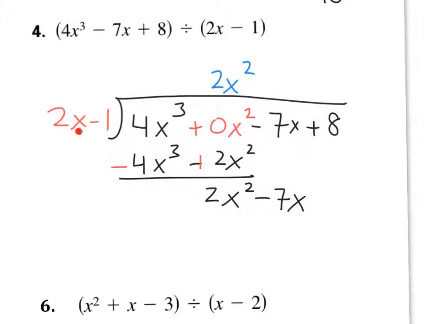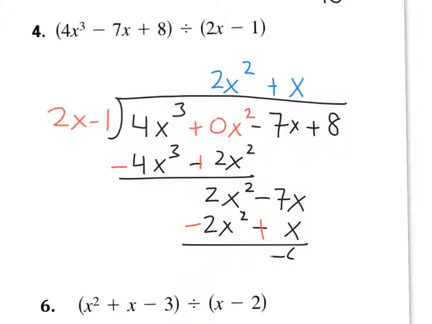How do I make this 2x in the front match up with the 2x squared? That one's straightforward. I just multiply by x. And now from here, I distribute that out. So I get 2x squared minus 1x. Draw my bar and oppositify everything. And here I'm going to bring down a negative 6x.